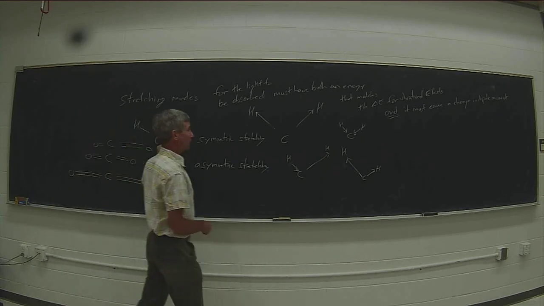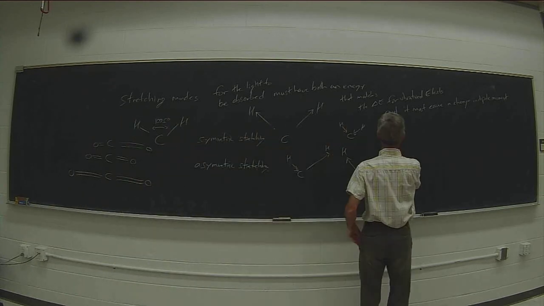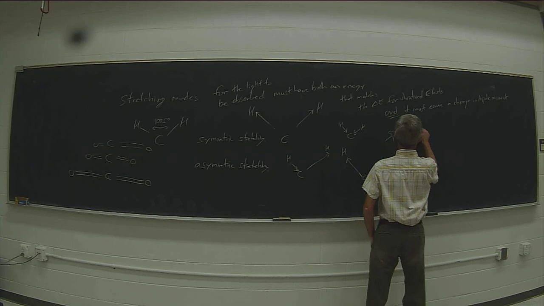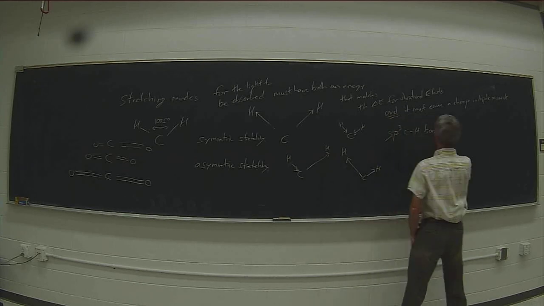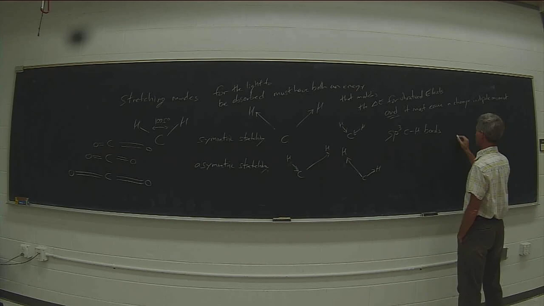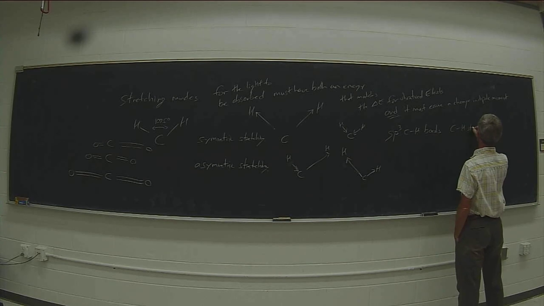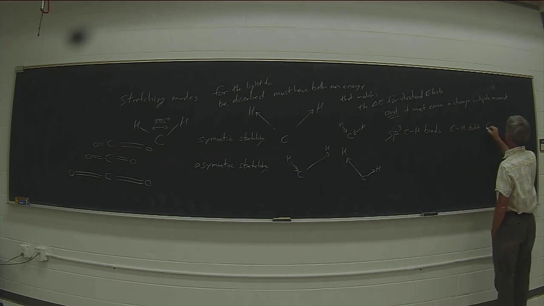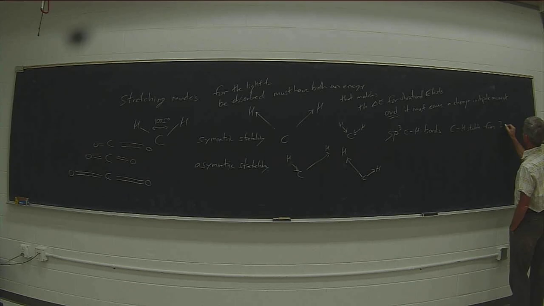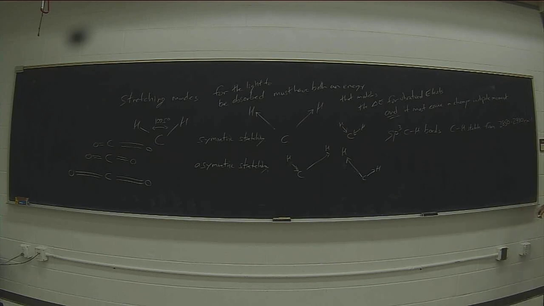For ordinary alkane sp3 CH bonds, we see this carbon-hydrogen stretch somewhere from about 2850 to 2980 reciprocal centimeters. So kind of centered around 2900 and not as far up as 3000.